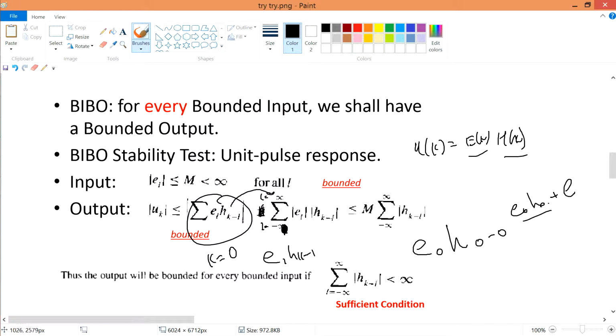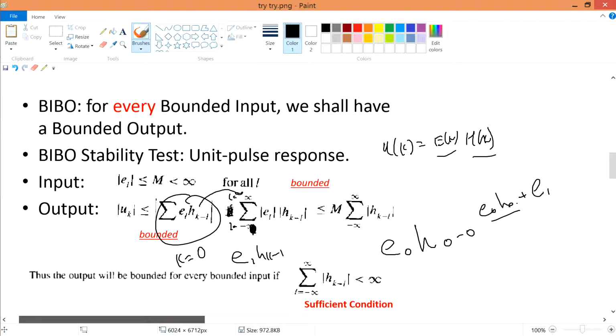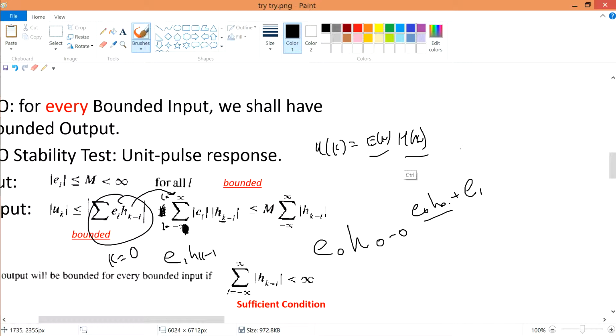If L is 1, and K equals 0, I will have H0 minus 1, so I have E1 H minus 1. This H minus 1 is talking about something that is not within the time domain, not within our causal system. Everything starts from 0.